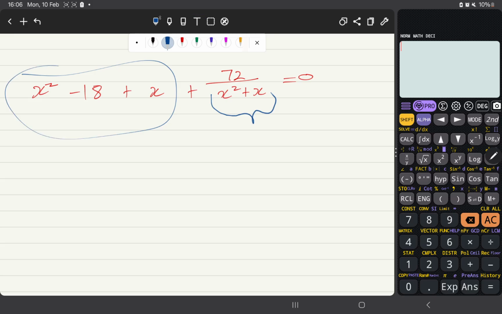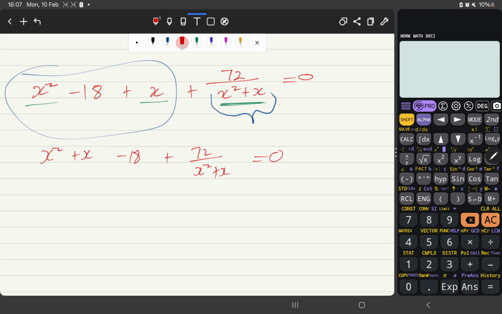You can be confused about what's going on, how you are going to maneuver through this problem. But you see here, you have x squared plus x, which is exactly what you have here. So you can rewrite this problem and say you have x squared plus x minus 18 plus 72 over x squared plus x is equal to 0.